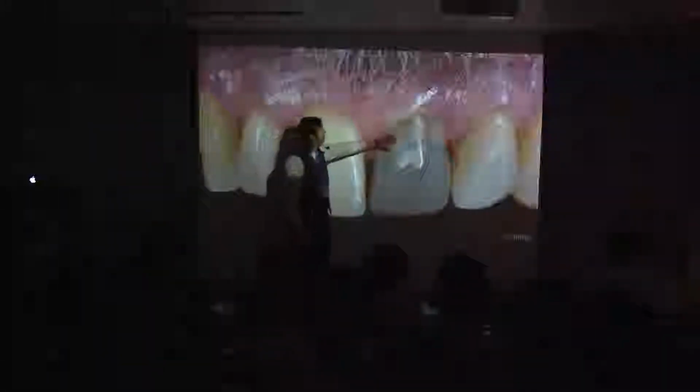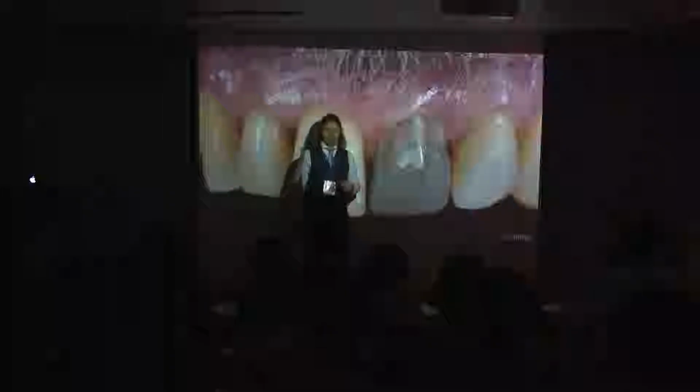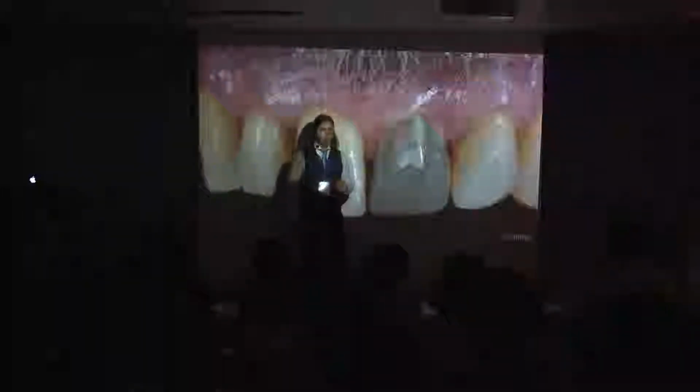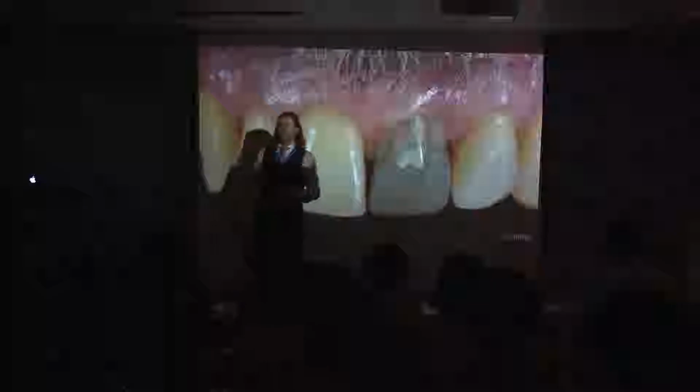The relationship between the provisional and the tissue is not deep. It's mainly horizontal. The resin is not going deep. You will see later on why, but it would be a mistake.